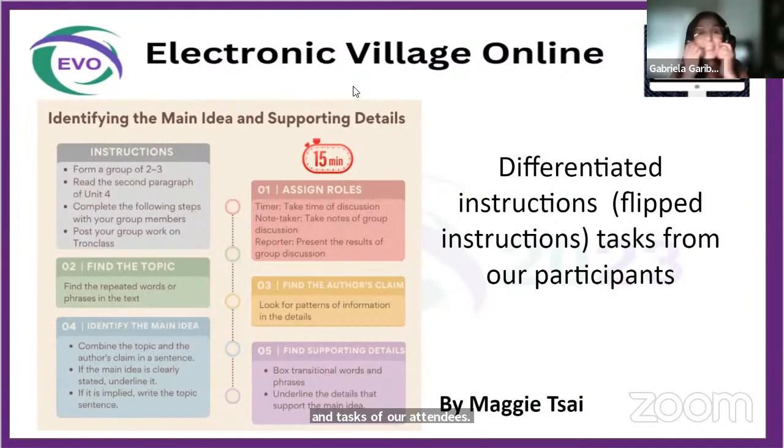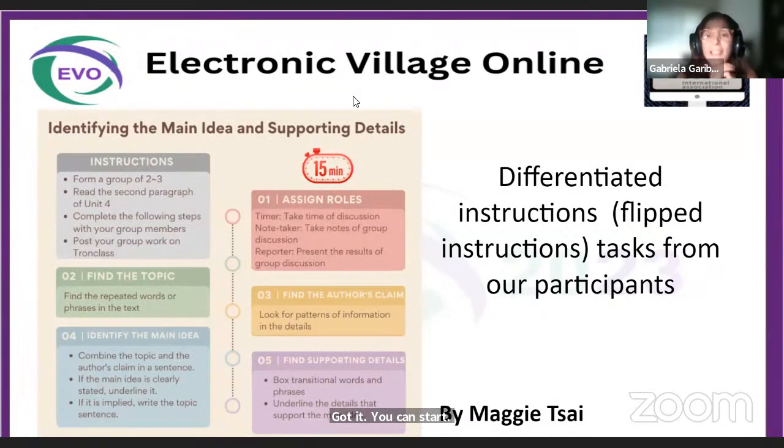Here is one example from one of the participants, Maggie Tsai, who designed a differentiated flipped instruction. They had to choose the content they wanted to flip, and they should include all the elements that we presented in our sessions for differentiated instruction.